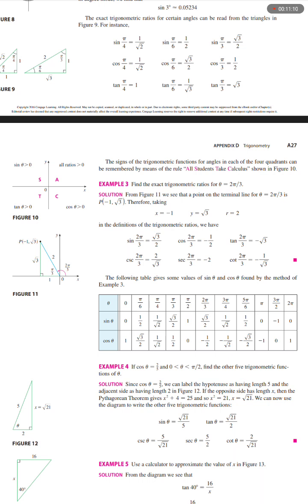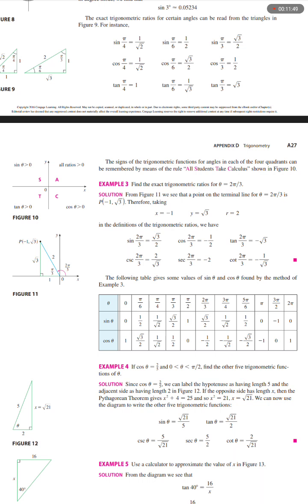See figure 11. There's an obtuse angle of 2 pi over 3 that creates a right triangle in the quadrant where sine of theta is greater than 0. Extending from the origin, there is the hypotenuse of the right triangle terminating at point P, (negative 1, square root of 3).